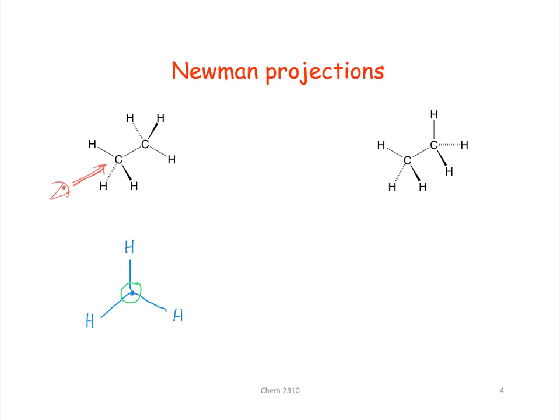Alright, and so then for the carbon in the back, if this one was going up, this is going to be going in the opposite direction, so this one is going down. And then we have one going out to our right, and the dashed one is going back to the left. So we have one hydrogen that goes straight down, one out to the right, one out to the left.